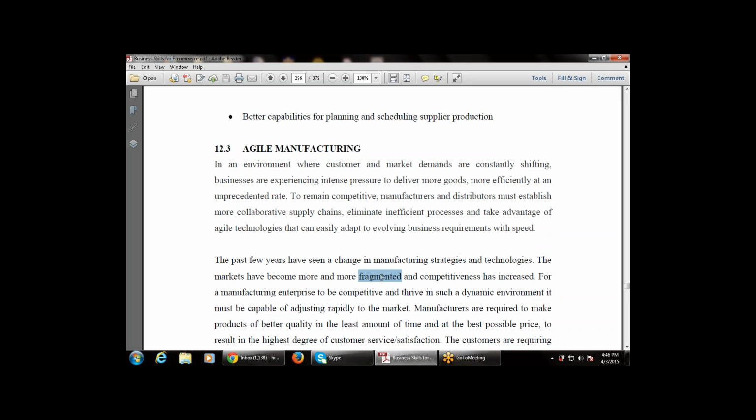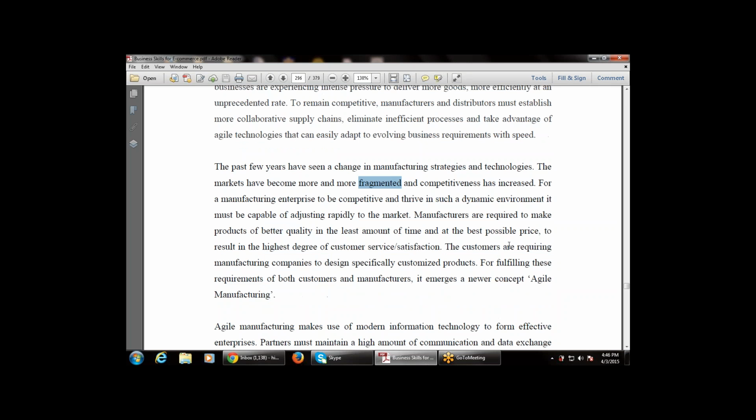For a manufacturing enterprise to be competitive and thrive in such a dynamic environment, it must be capable of adjusting rapidly to the market, providing better quality in the least amount of time and at a better price, which results in a high degree of customer satisfaction. Customers are requiring manufacturing companies to design specifically customized products.